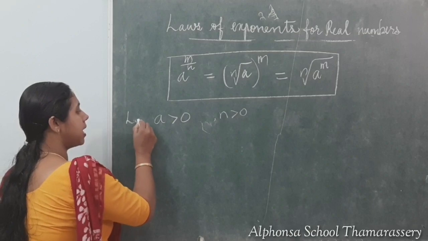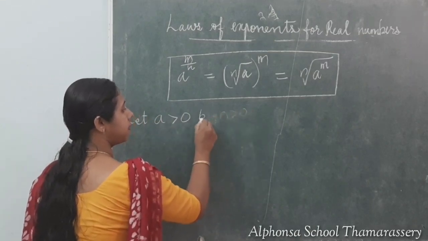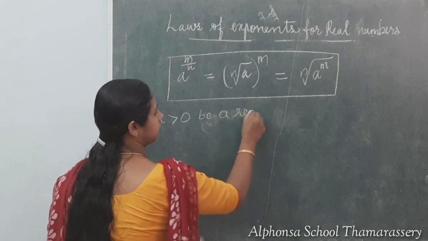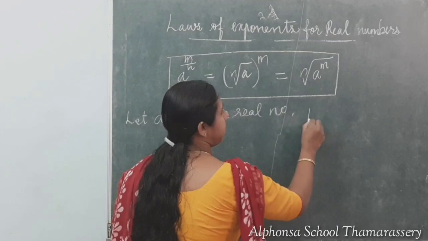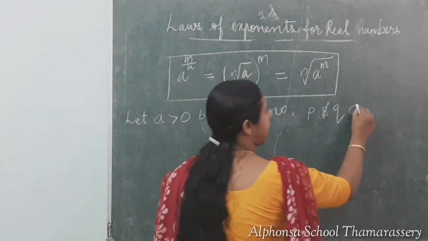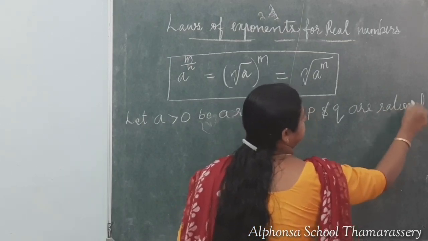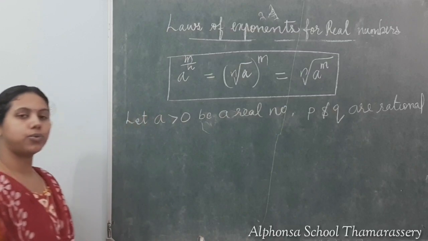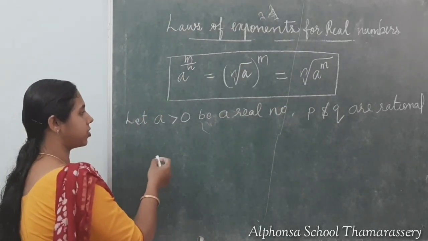Let A greater than 0 be a real number, and P and Q are rational numbers. Then the following laws are extended.